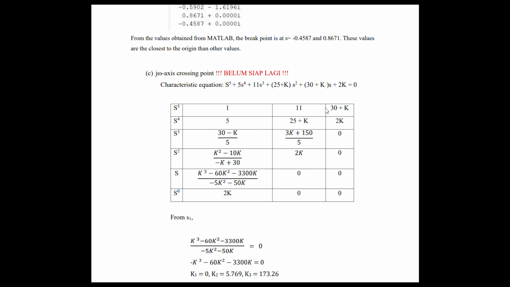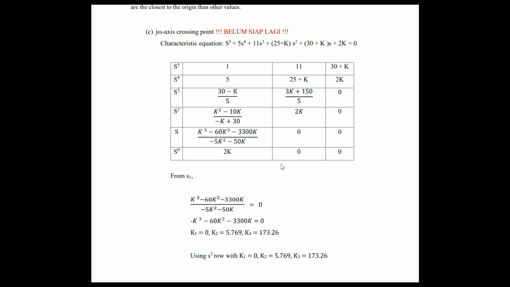Using the table, the characteristic equation is S^5 plus 5S^4 plus 11S^3 plus (25 plus K)S^2 plus (30 plus K)S plus 2K equals 0.